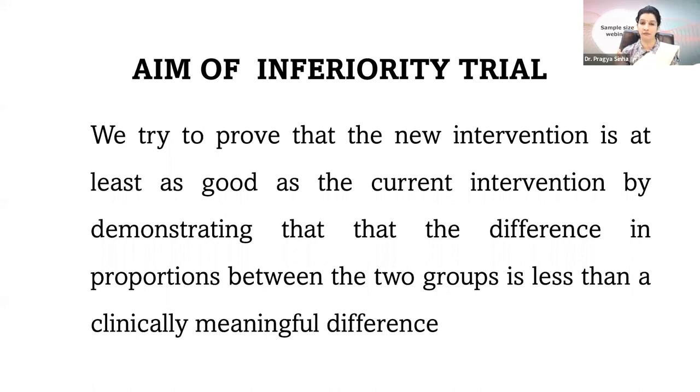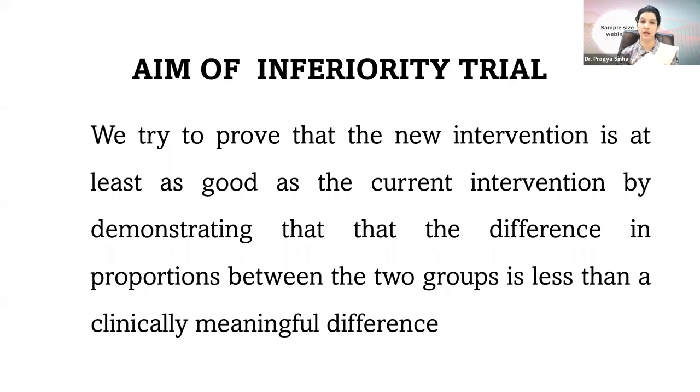So that non-inferiority word is applicable maybe for the primary outcome, but there are secondary outcomes also, like in terms of side effect, in terms of the cost, in terms of the dosing schedule, in terms of maybe taste. So there may be a drug which is very bitter, especially for the pediatric formulation, and the new drug is very good in taste and acceptable, that can also be the secondary outcome.